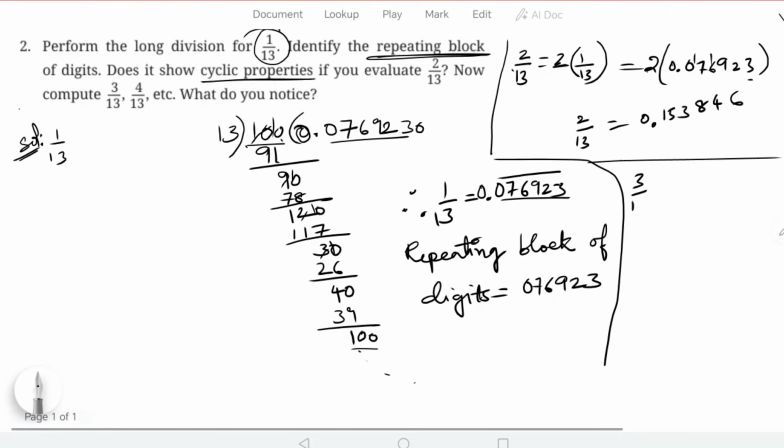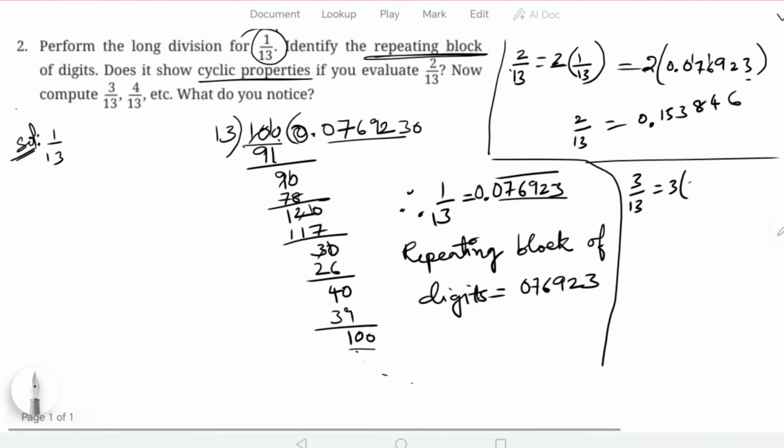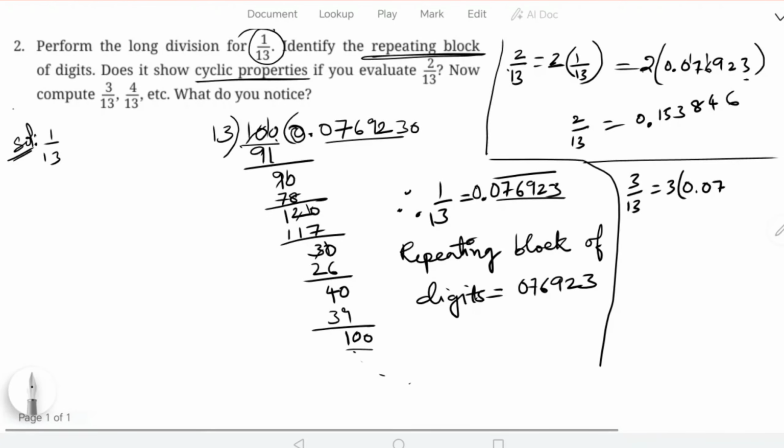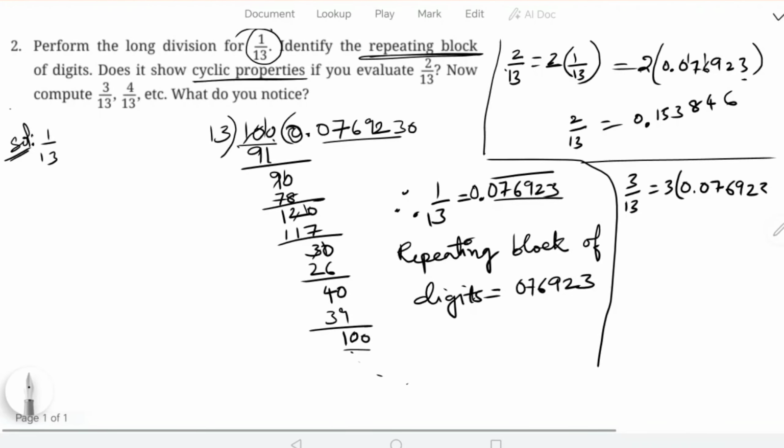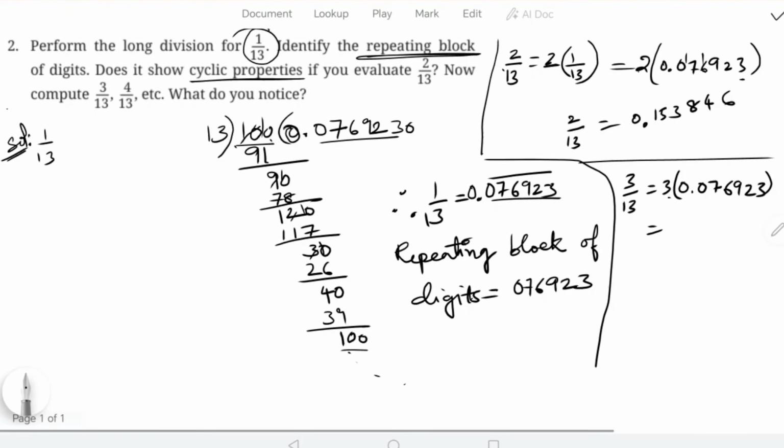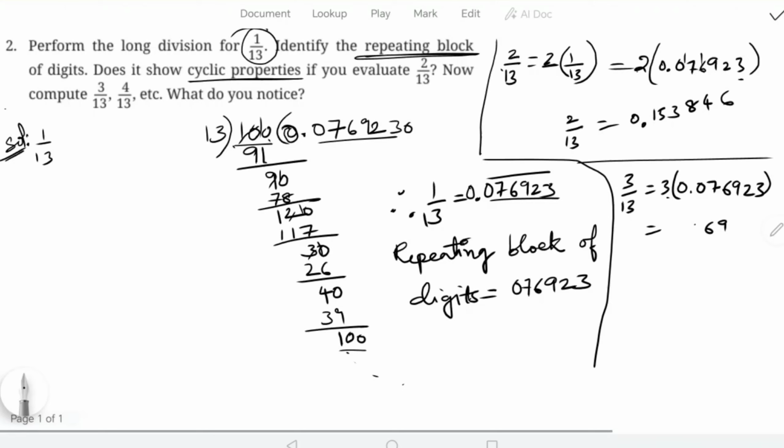Like this we can do for 3. So 3 upon 13, we will get 3 into 0.076923. So 3 threes are 9, 3 twos are 6, 3 nines are 27, 3 sixes are 18, plus 2 is 20, 3 sevens are 21, plus 2 is 23. So we got 0.230769. Like this we will do 4 by 13.